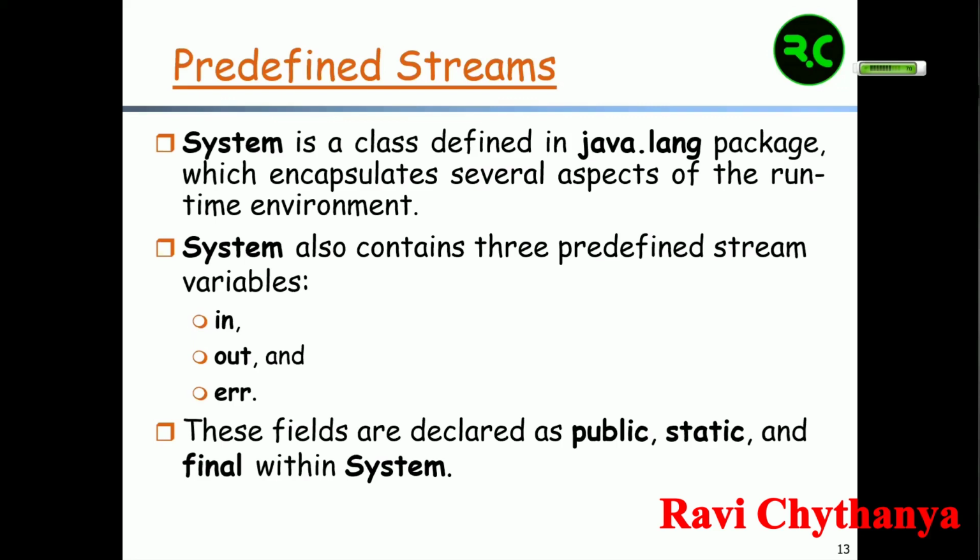System.in is to read in the data from the standard input stream, and out is to write some data onto the standard output stream, and err is going to display an error message to the standard output stream. These fields are declared as public, static, as well as final within the System class.